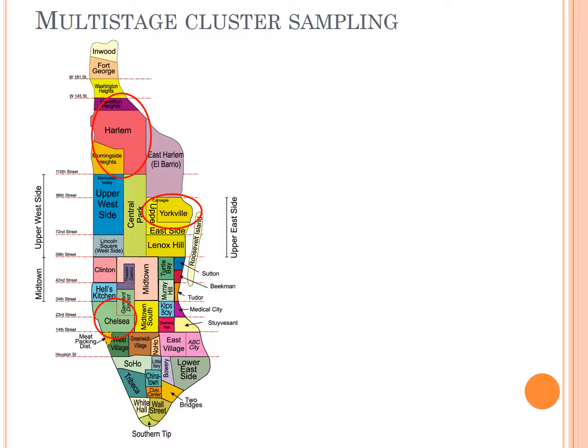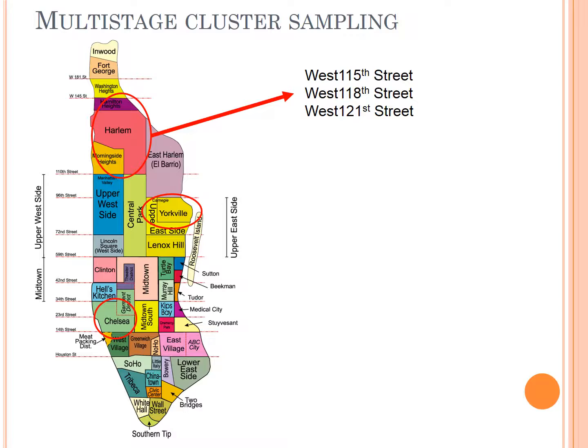And then within each of these neighborhoods, you decide to further cluster by street. So in Harlem, you randomly sample 3 streets from each neighborhood. So from Harlem, you find West 115th Street, West 118th Street, and West 121st Street.